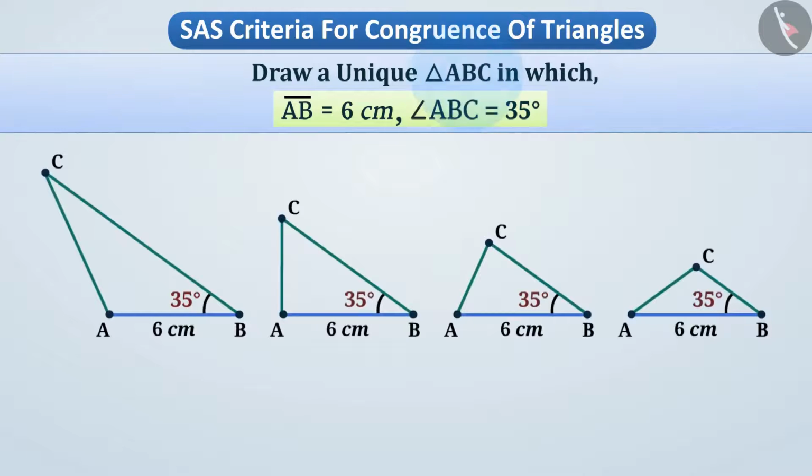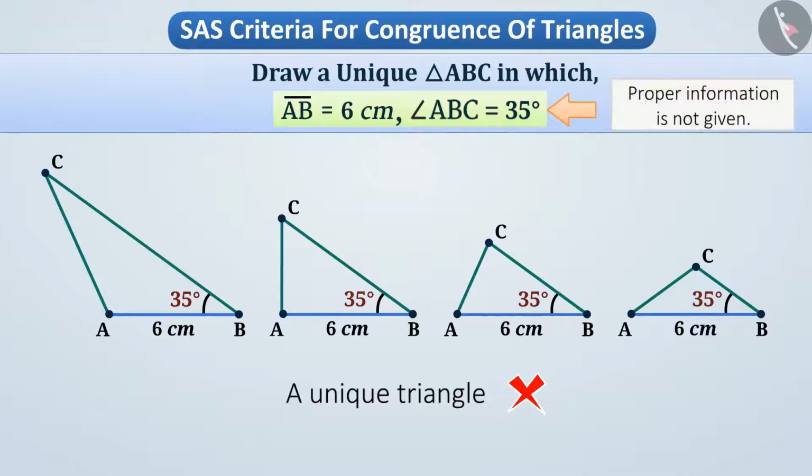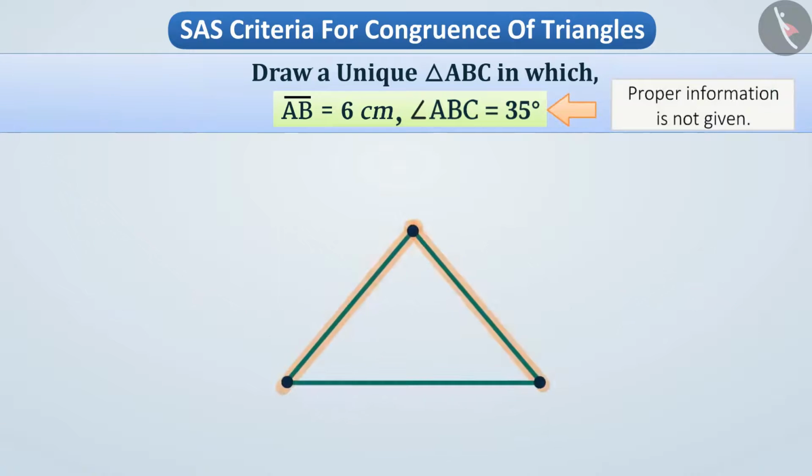Hence, in this situation also, we can draw different types of triangle ABC, but we cannot get a unique triangle ABC. This is because point C doesn't have a fixed place, so for drawing triangle ABC, proper information is not given. But if the length of two sides and the angle between them is given, then we can draw a unique triangle.